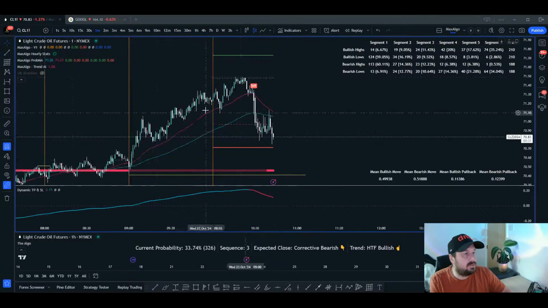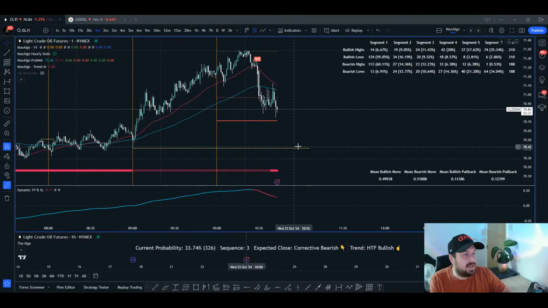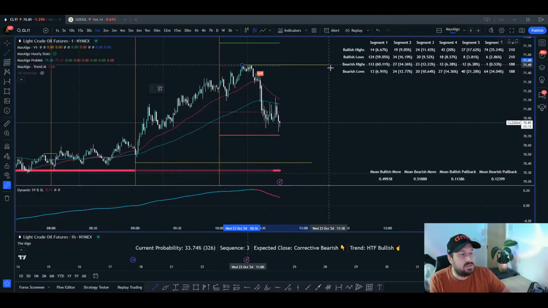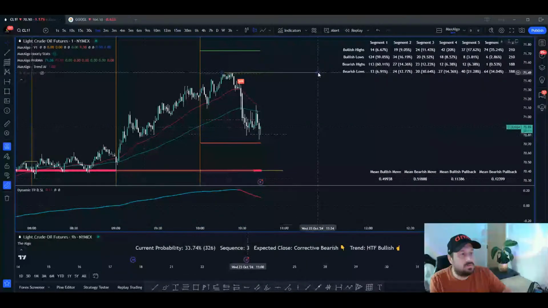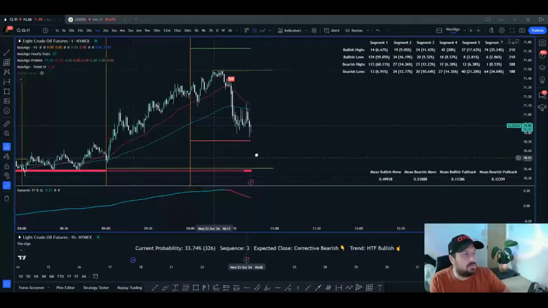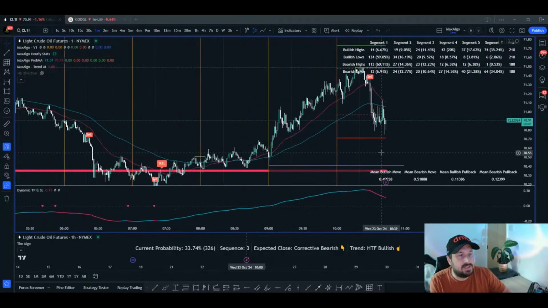So if we're looking at market structure, we'd want that low to go within the hour for us to look for that switch. And obviously we'll do that until that hour. And then when this hour closes, we'll take the low of that hour, see if we can have that flip as well.